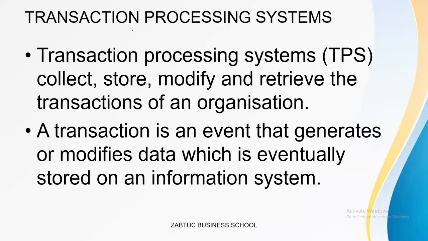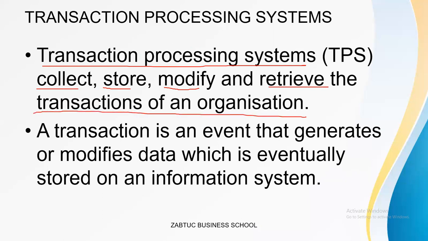What does a transaction processing system do? Transaction processing systems collect, store, modify, and retrieve the transactions of an organization. What is a transaction? As accountants, I'm sure that is part of our day-to-day terminologies.